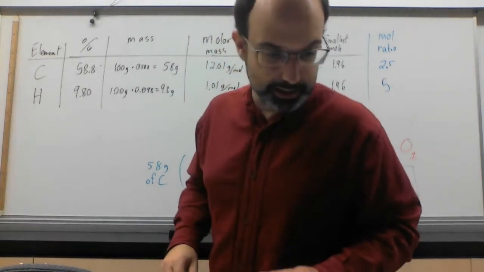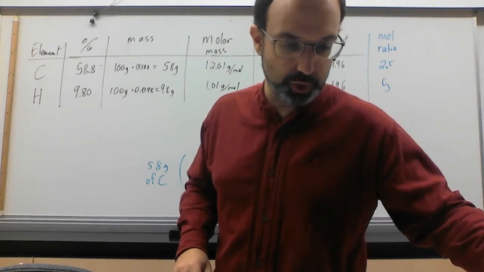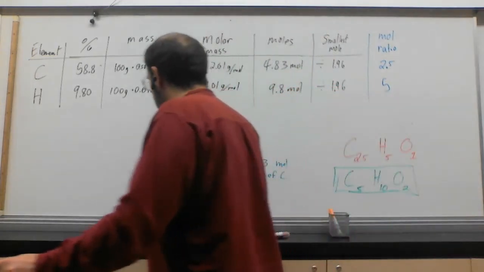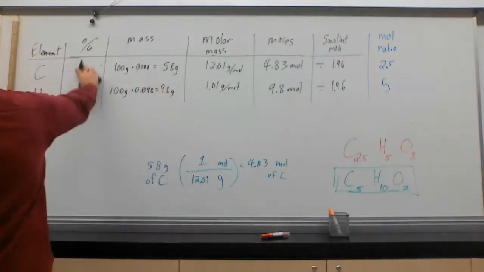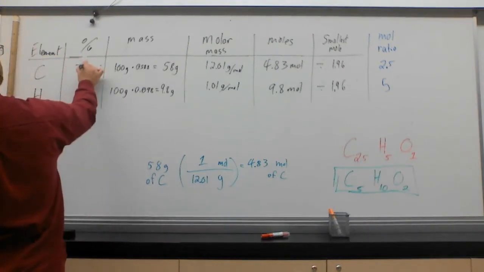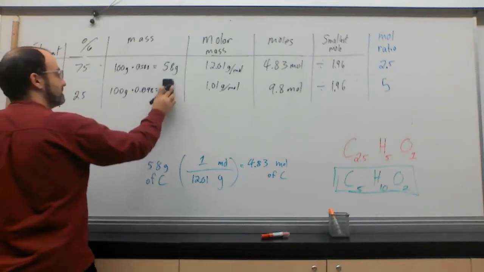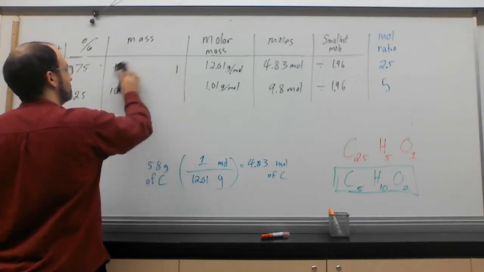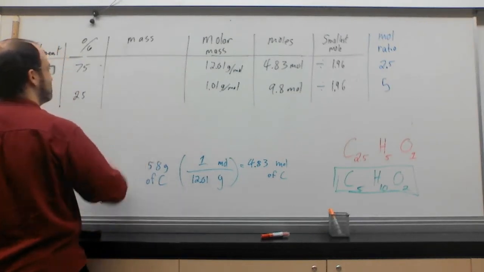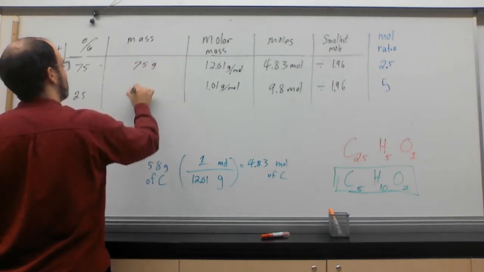It tells us that 75% is carbon and 25% is hydrogen. So 75 goes here, 25 goes here. That means, obviously, this turns into good old 75 grams and 25 grams.